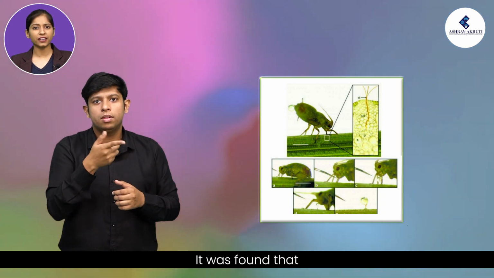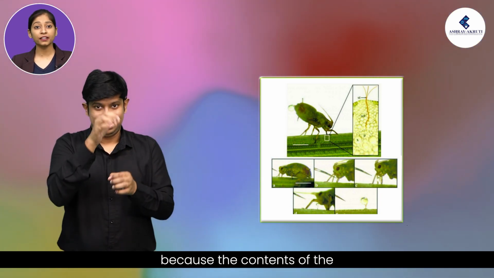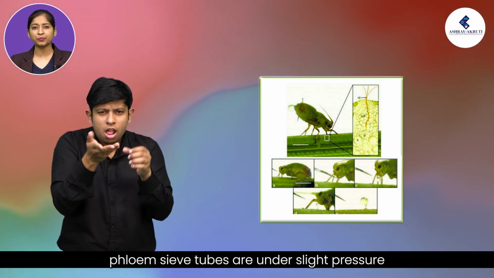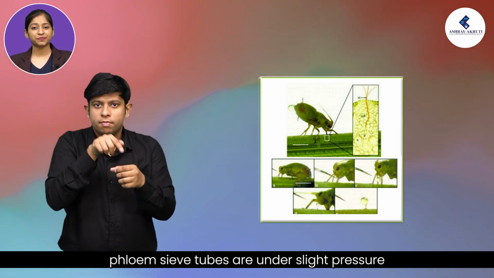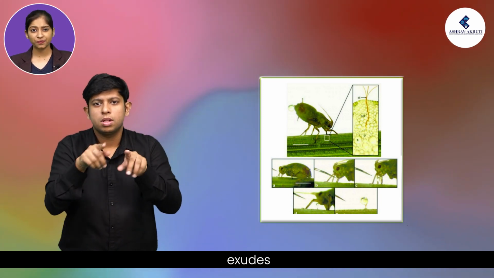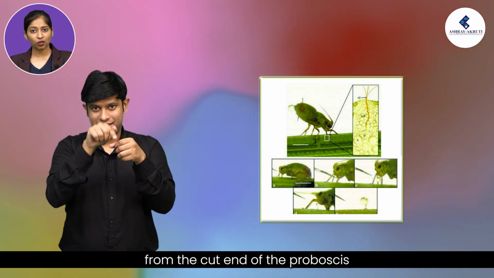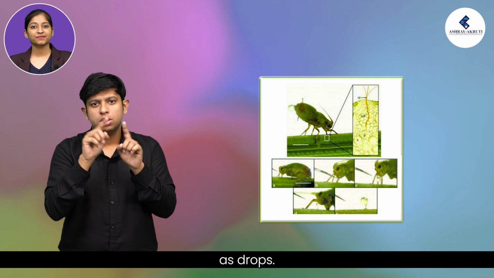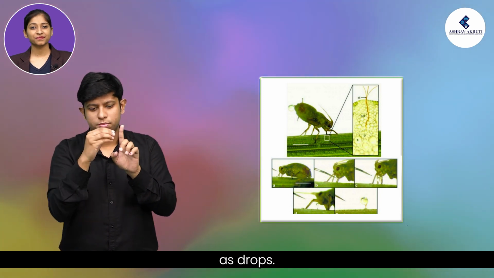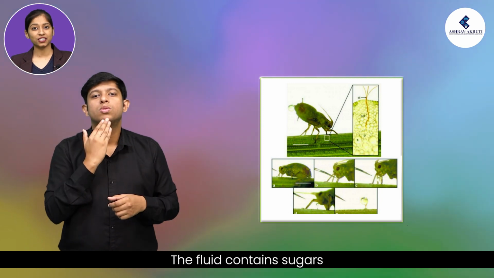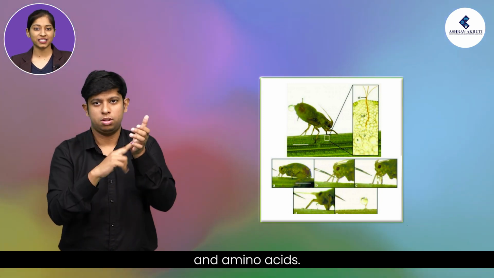It was found that the contents of the phloem sieve tubes are under slight pressure, and the fluid slowly exudes from the cut end of the proboscis as drops. The fluid contains sugars and amino acids.